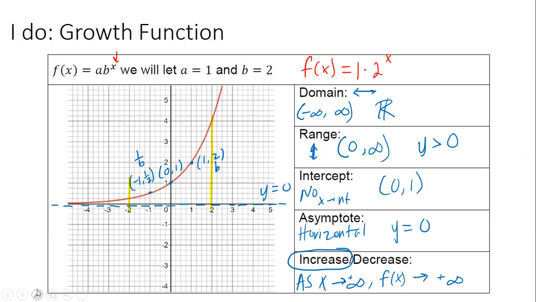What is that number that's there? So at -2, I am at 1/4. This is divided into 4. So at -2, I am at 1/4. At +2, clearly to see, I'm at 4.